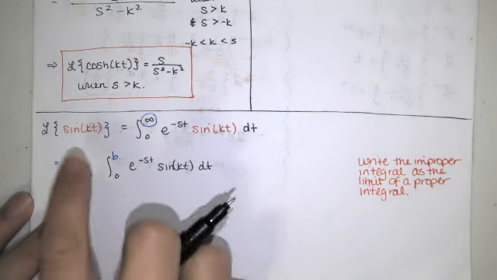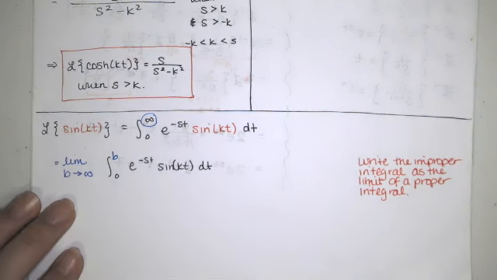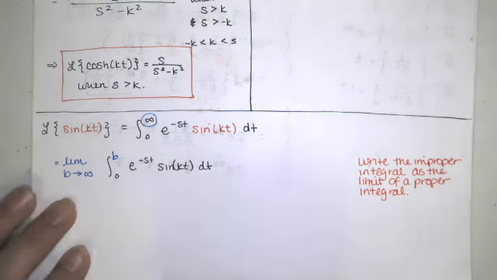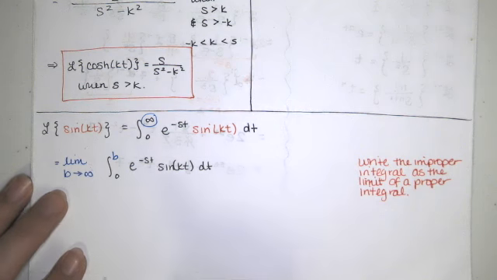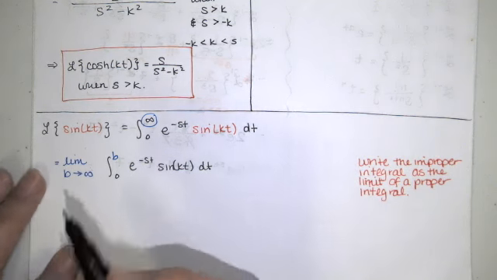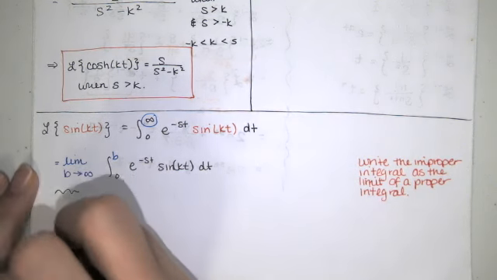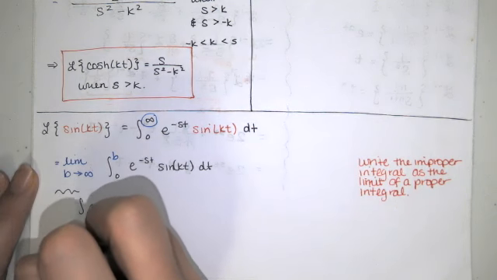Okay, and that requires taking the antiderivative of something that looks like that. So what I would do is use integration by parts and not worry about this 0 and b at first. I would just focus on evaluating that antiderivative using integration by parts.